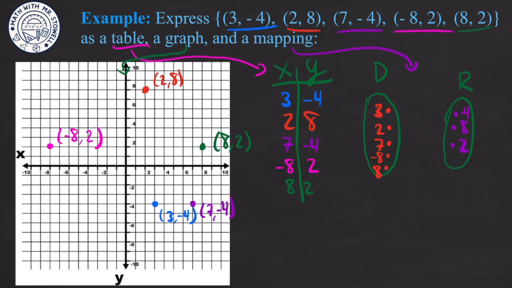So now let's draw our arrows. 3 goes to negative 4, and 3 doesn't go anywhere else. 2 goes to 8. Okay, 2 doesn't go anywhere else. 7 goes to negative 4, so this one's going to map up here. We can have negative 8 go to 2. And lastly, we have positive 8 go to 2. That is our mapping. We have our graph, our table, our mapping.